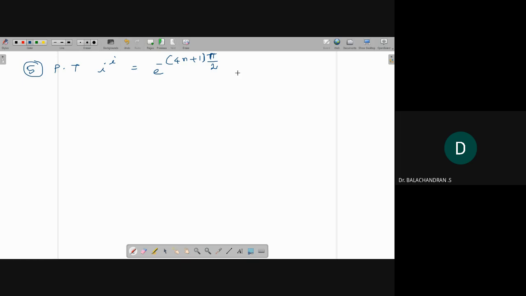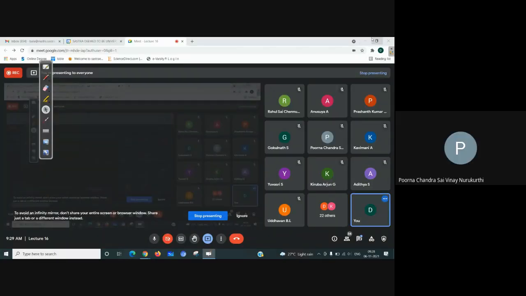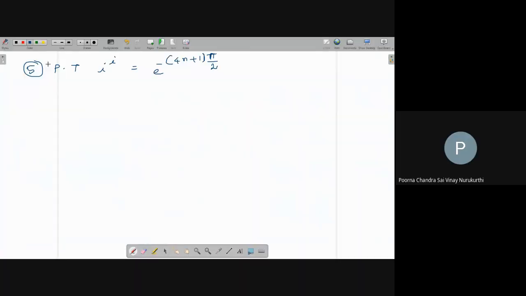Okay, if you look at the question, do we need to consider the principal value of the logarithm or the general value? General value. Why, Purnachandra? Sir, it is in n. Yes, 4n, you are right. So n is the indicator. So we need to use the general value of the logarithm. That is the first thing you should know.